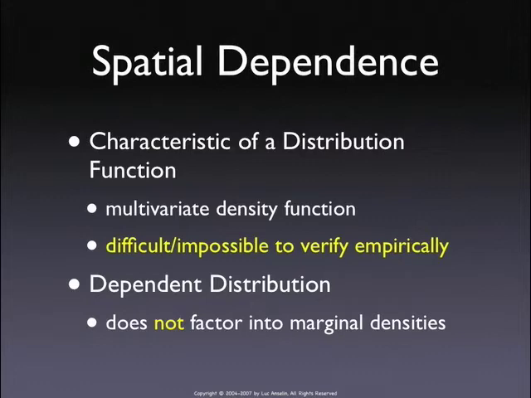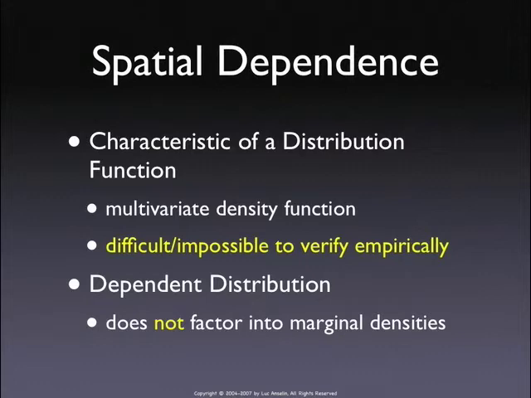So when you have a joint distribution, one characteristic of such a distribution is that the individual pieces are independent. In other words, when you have each individual, what we call marginal distribution, say what we observe at each location, we can simply multiply it together, and that gives us the joint distribution for all of them.